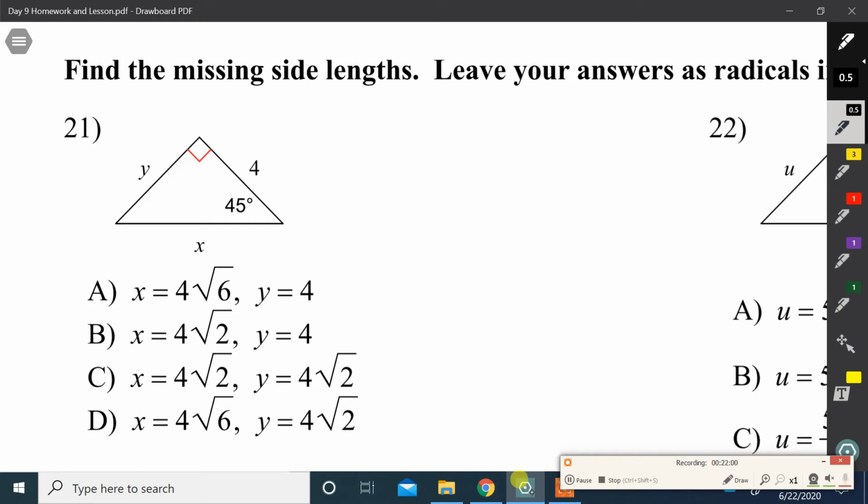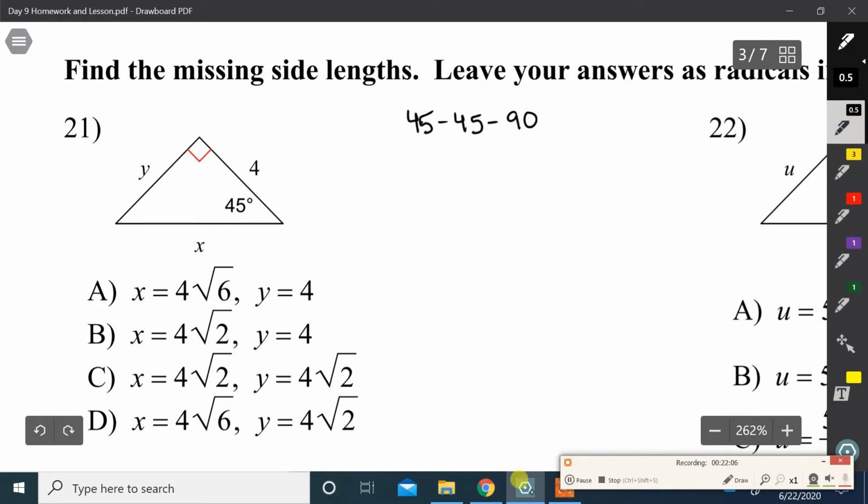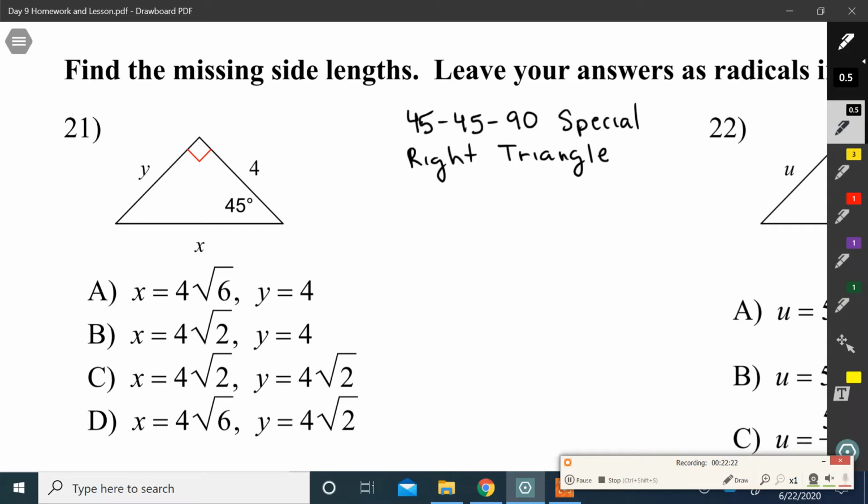The first one is called a 45-45-90 special right triangle. Okay, special right triangle. And here's something very interesting about this special right triangle.